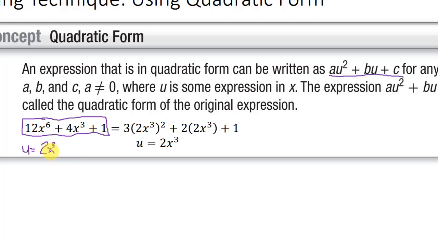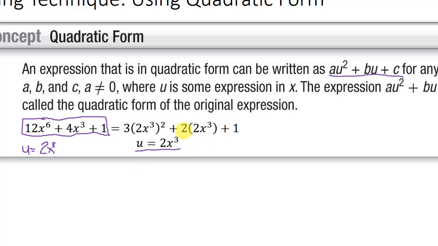If I let u be 2x to the 3rd, then this becomes 3 times 2x to the 3rd raised to the 2nd power, because 2x to the 3rd raised to the 2nd power is 4x to the 6th, and of course 4x to the 6th times 3 is going to be 12x to the 6th. So that takes care of that first term.